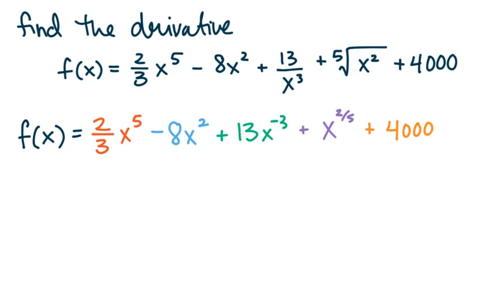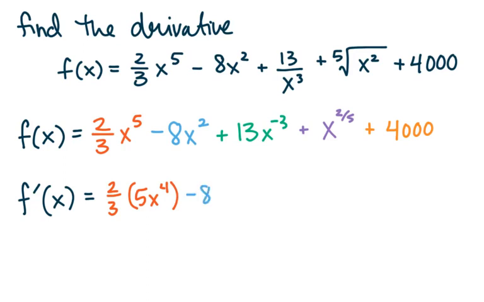Now I'm going to take my derivative, and I'm going to write f prime of x. So I want you to notice the difference. This is my function. This represents my derivative. Remember, when we take the derivative, we always want to write that f prime first. So I'll take the derivative of each term. The first term, I'll leave my 2/3, and x to the 5th becomes 5x to the 4th.